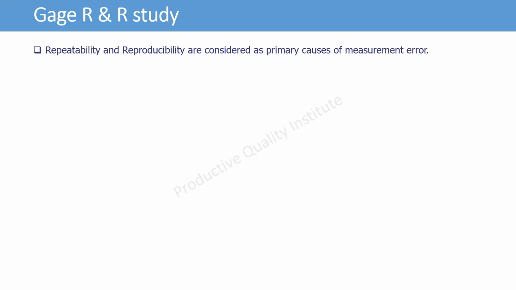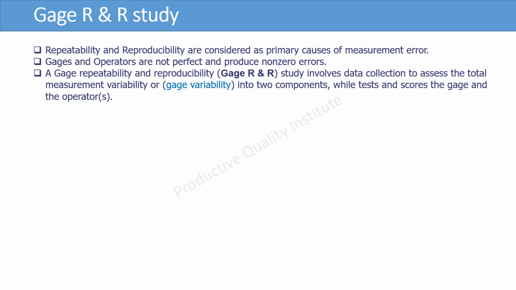Repeatability and reproducibility are considered the primary causes of measurement error. Gauges and operators are not perfect and produce non-zero errors. A gauge repeatability and reproducibility, or gauge R&R, study involves data collection to assess the total measurement variability, or the variability of the gauge, into two components, while testing and scoring the gauge and the operators.